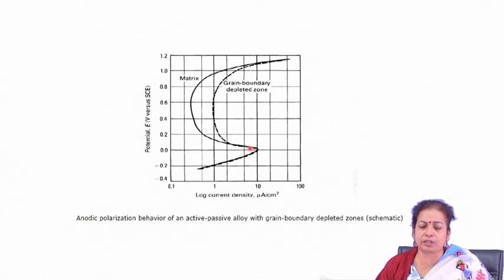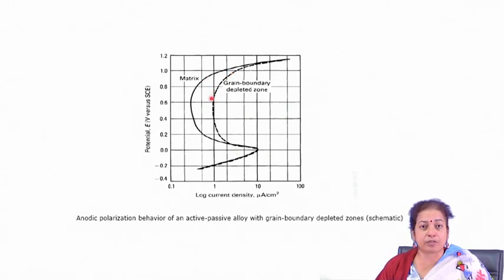If you look at the potentiostatic polarization behavior of the matrix and that of the grain boundaries, you will find that the threshold current for passivation for the fine grained microstructure or grain boundary regions is much lower than that of the overall grains. So the grain boundary regions are passivated or corroded at a much lower current density, and finally the film breakage current, or the transpassive regime, also starts at a much lower current density compared to that of the matrix.